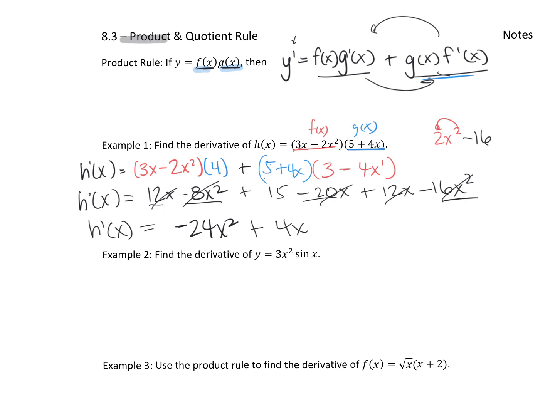And then positive 15. I'm done. I might have written this accidentally wrong in my notes in class, so if you refer back to that, I apologize for that. So let's go on to the next example.